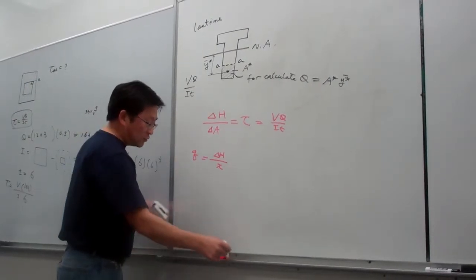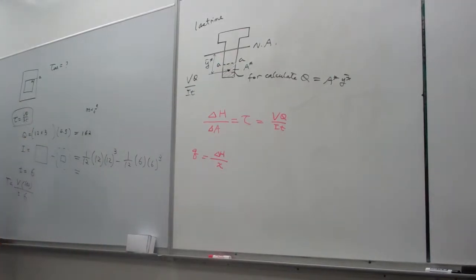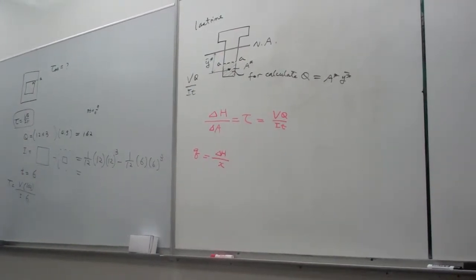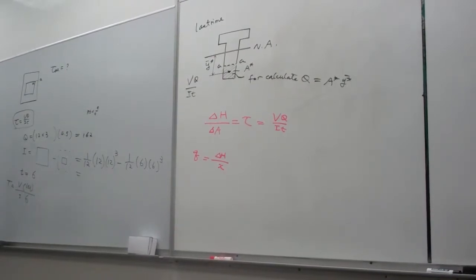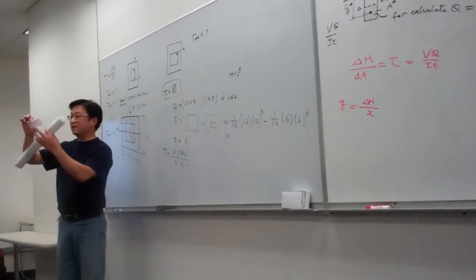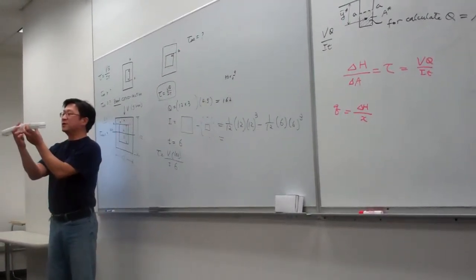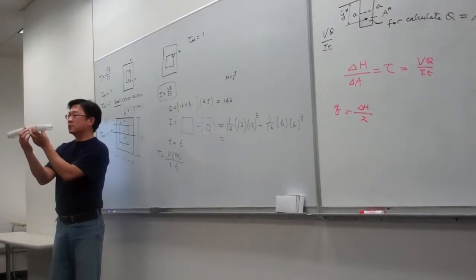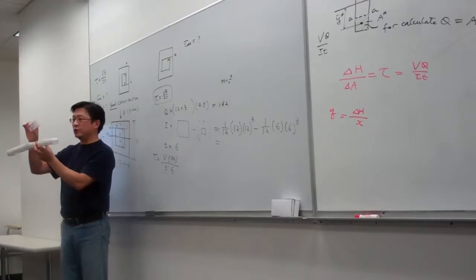Let me pick my model first. This is the total cut we make, that is the area, and under it the delta H is here. If the cut length from here to here is called L, then simply H divided by L equals q.